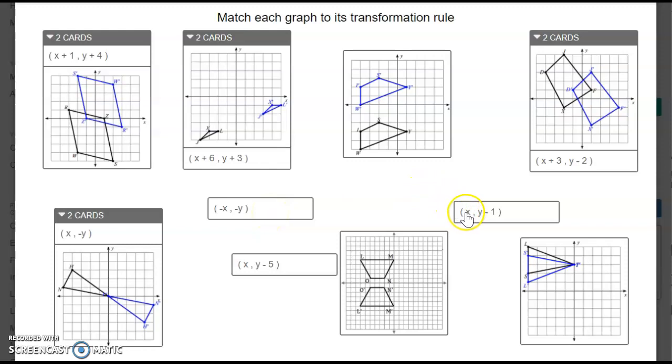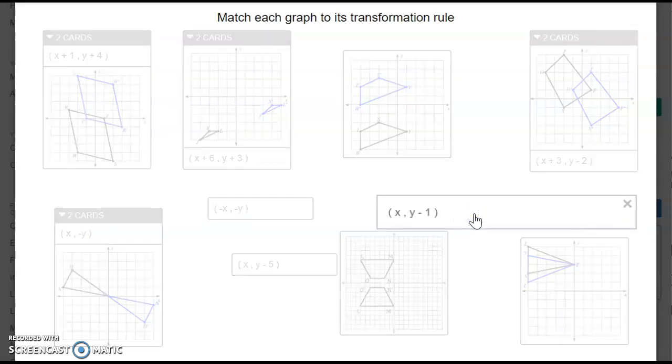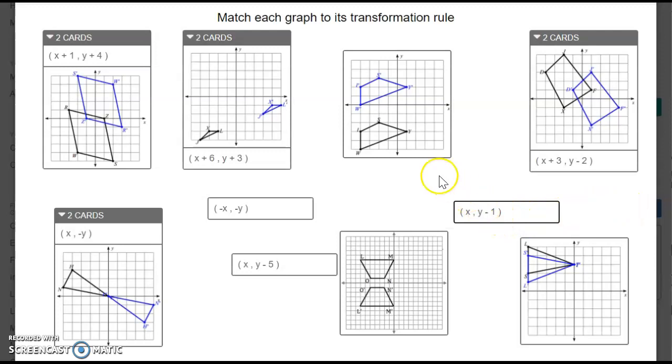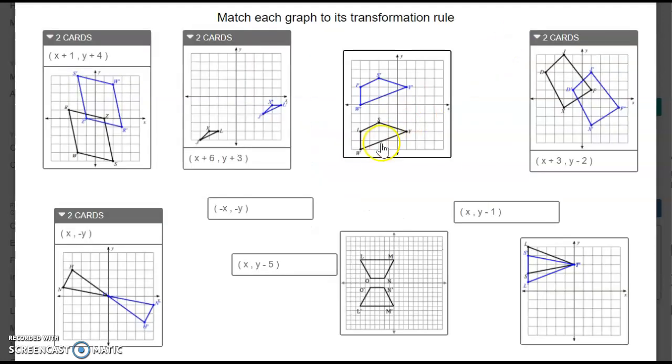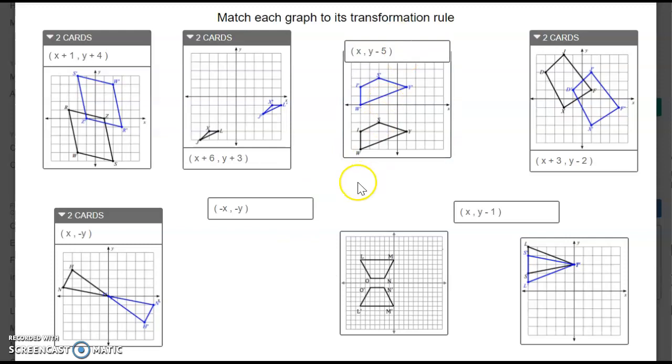All right, so y is becoming subtracted by 1. So this is actually technically not quite right, but let me just put it in there just to make it go.